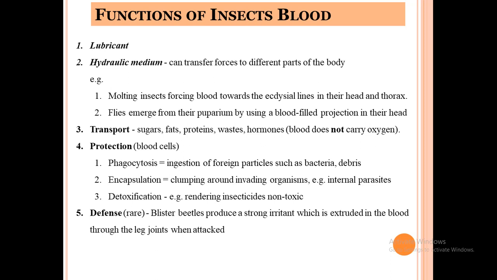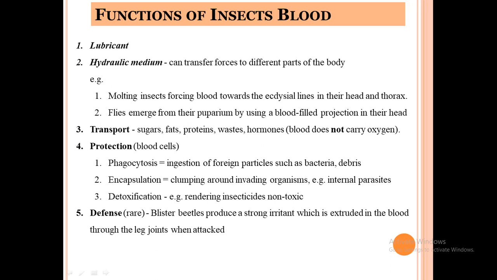First of all, blood is a lubricant for the passage of different particles, during feeding or movement of sperm or eggs or nutrients. The second function is as a hydraulic medium that can transfer forces to different parts of the body.